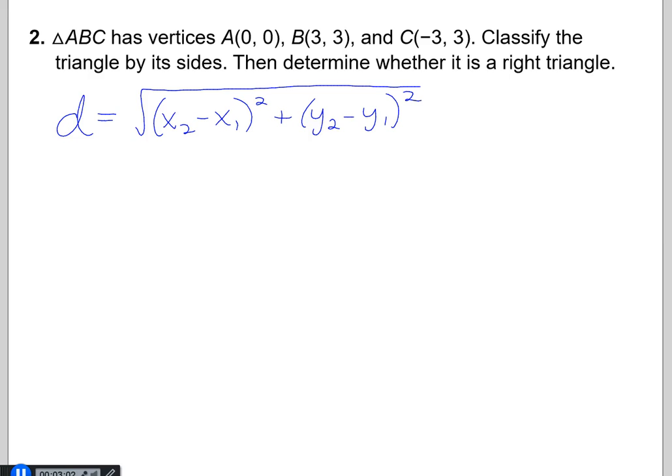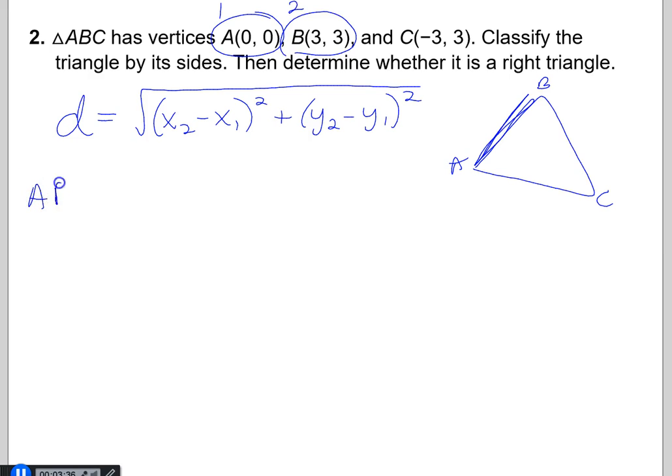Okay. So if we want to find the length, so we have this triangle ABC, right? A, B, C, and we want to find all of those side lengths. So to find the length of AB, we're going to use point A and point B. One of them needs to be x1 and y1, and one of them needs to be x2 and y2. So I'm just going to pick, this one's going to be my 1, this one's going to be my 2. It's not going to matter which way you pick it, okay?